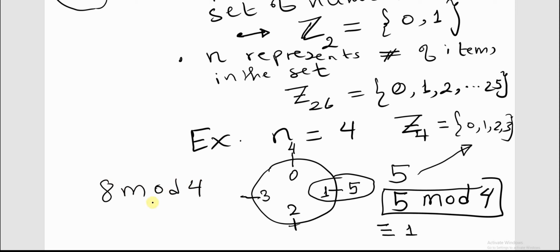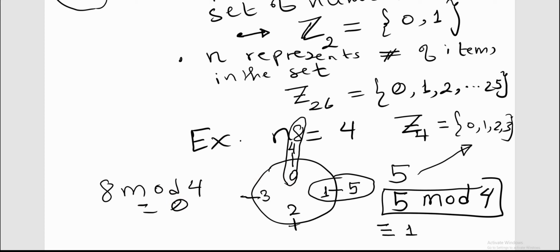We start with 0, 1, 2, 3, 4, 5, 6, 7, 8. So actually 8 is equivalent to 0, and it's also equivalent to 4. So we can say that all these numbers are equivalent with each other. So the answer here is 0.